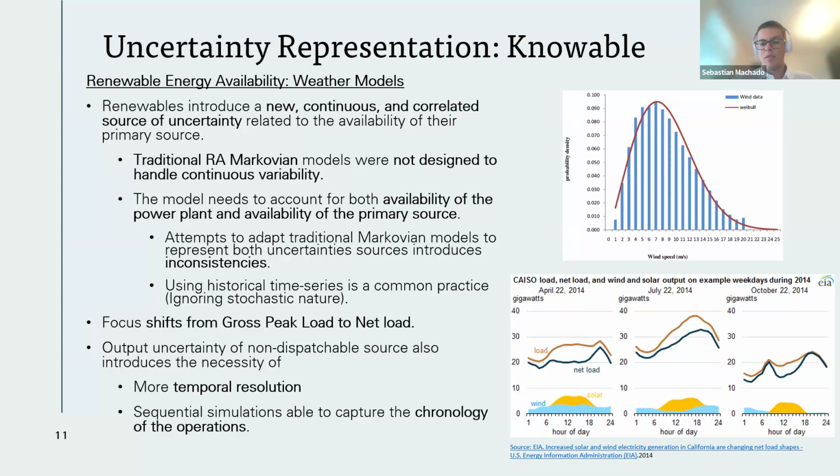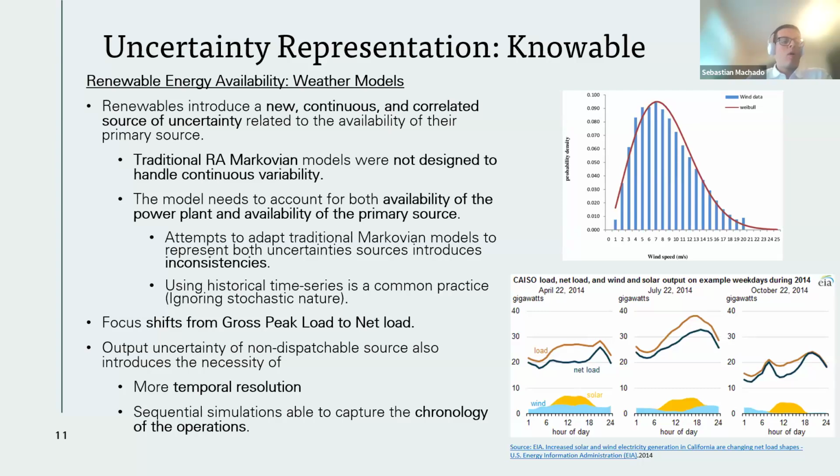However, this often introduces modeling inconsistencies since the discrete states do not align with continuous probability functions. Another common practice is to rely on historical time series of renewable output. While this is a straightforward approach, it ignores the stochastic nature of the resource availability.